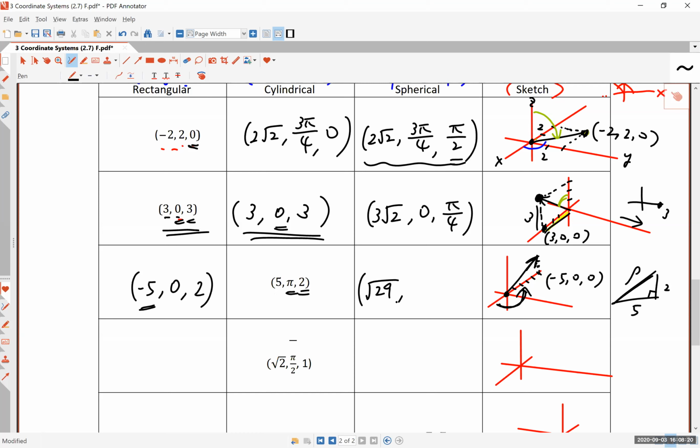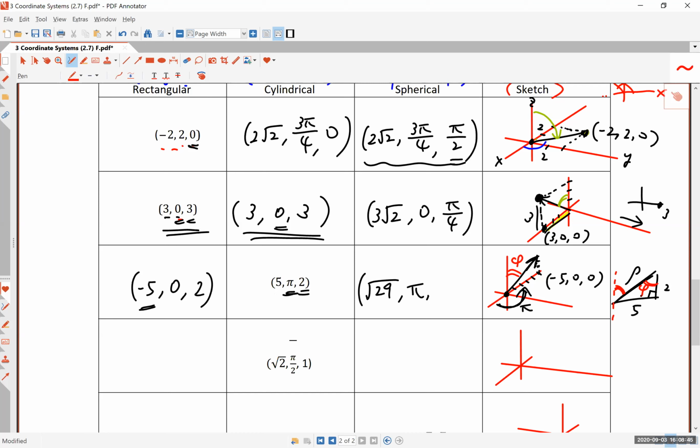Okay, and how about theta? Theta is theta, even in the spherical coordinates. So you basically copy this answer here, pi. That is how far it is from the positive x-axis. Now here's the tricky part. Somehow I have to figure out what this angle phi is. This is the angle phi, which is the same as this angle phi.